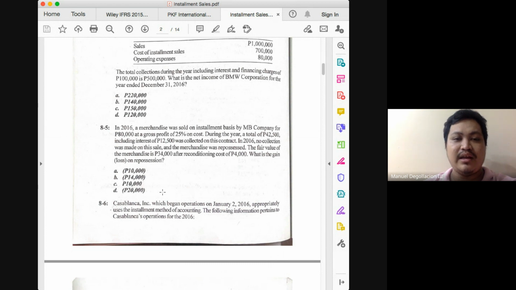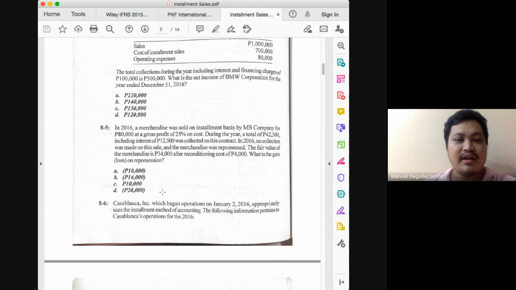Okay, we delay the recognition of the profit only after collection to avoid overstatement of our revenues, even though there is a significant risk on our part that we will not be able to make full collection. Okay, and since we delayed the recognition of the profit only after collection, if collection is no longer possible, then there will be no need for us to recognize a loss from bad debts.